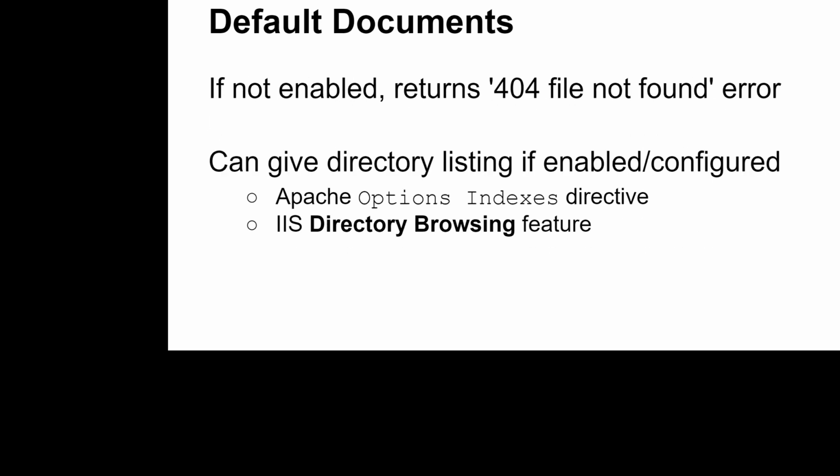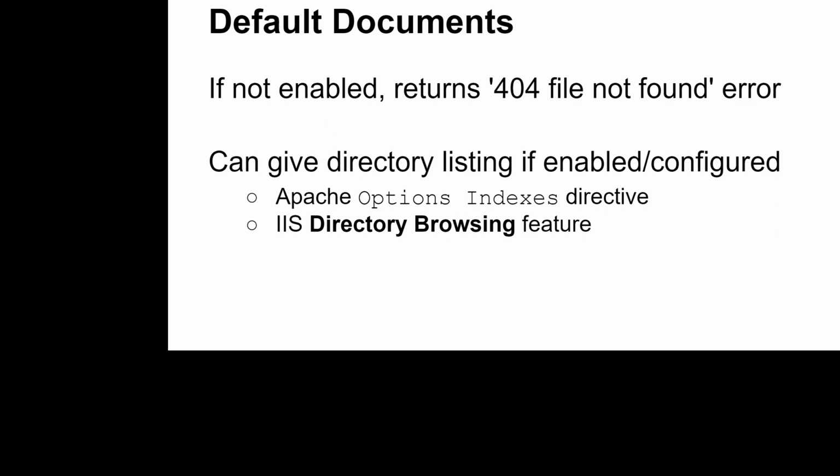If default documents are not enabled, you will typically get one of two outcomes. You'll either get a 404 file not found error, because if the client is requesting a generic URL and the default document feature is not enabled, then the server doesn't know what file to give back to that client.